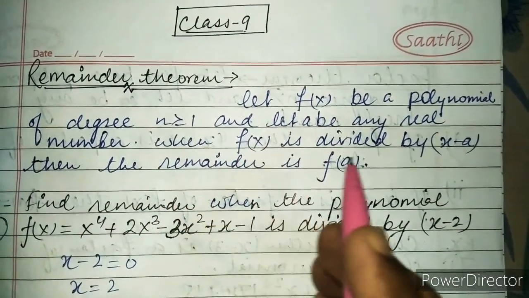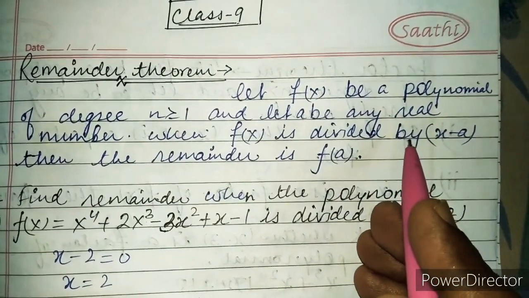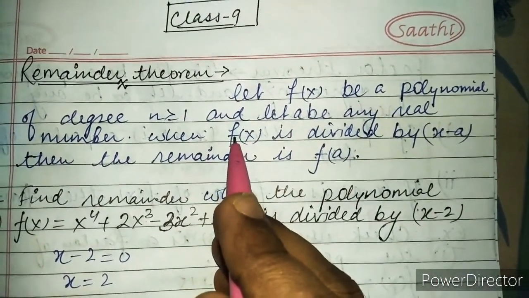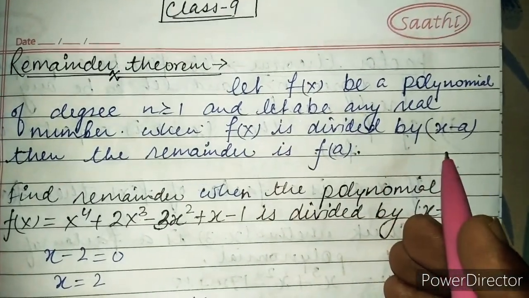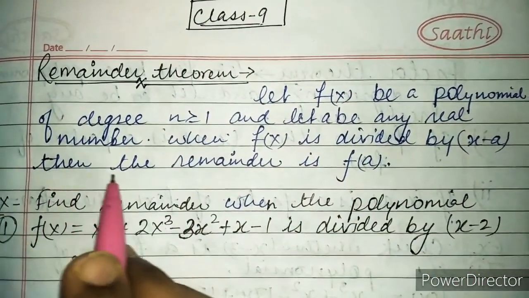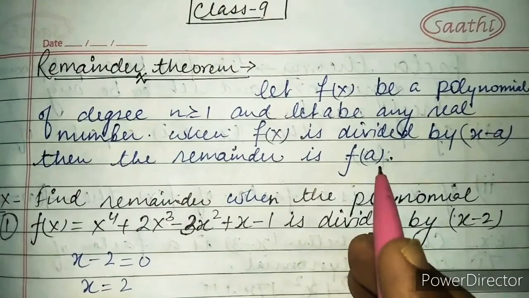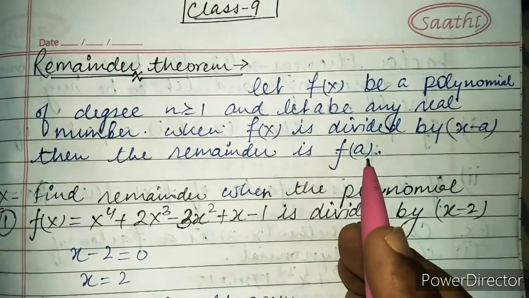When f(x) is divided by x minus a, then the remainder will be f(a).